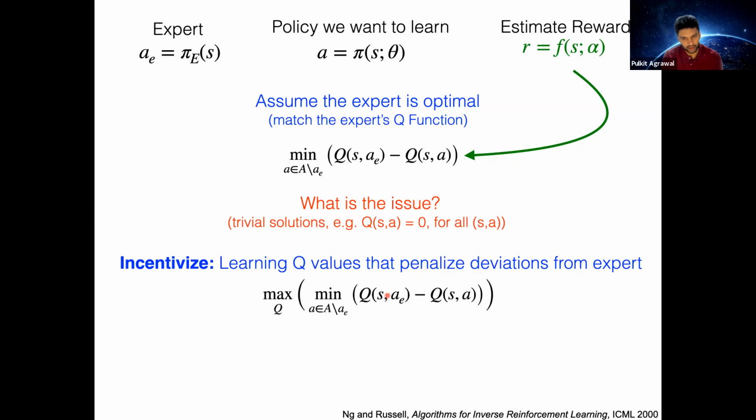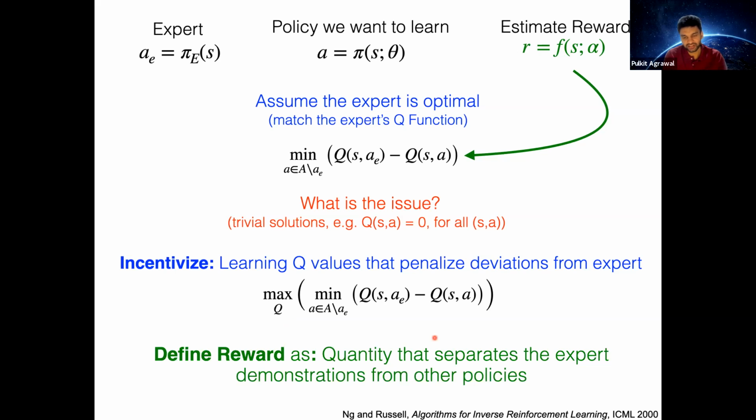To say it more concretely, I want to find the action which gets me as close to the expert, but the reward function that I am trying to find is the one that is separating the expert demonstrations from other policies.